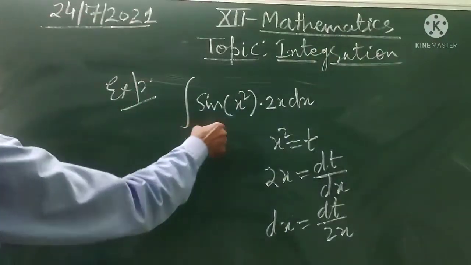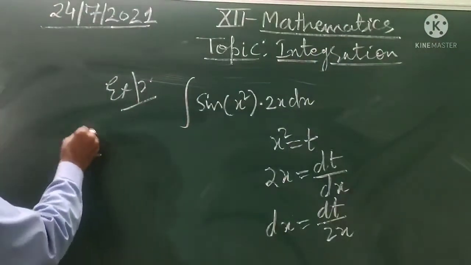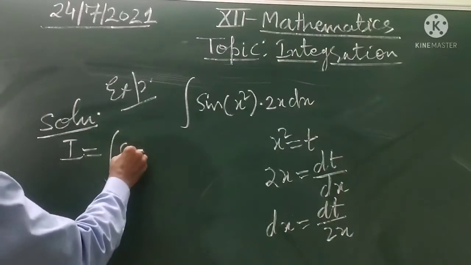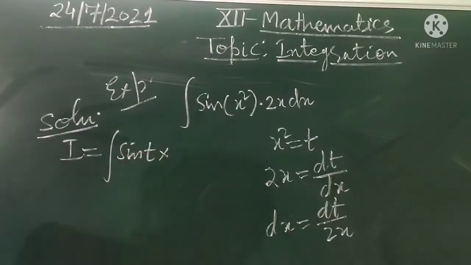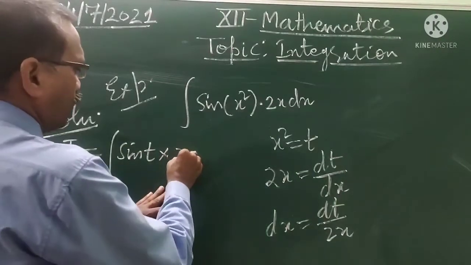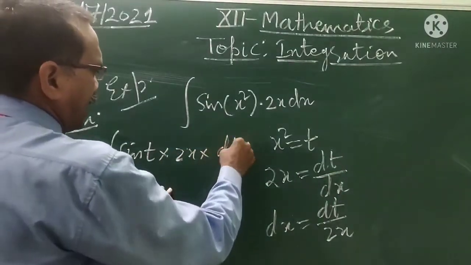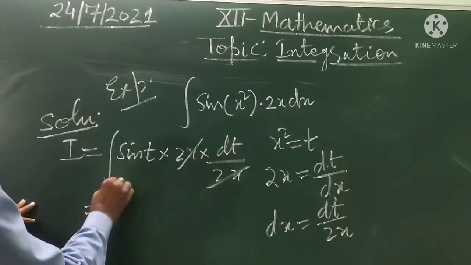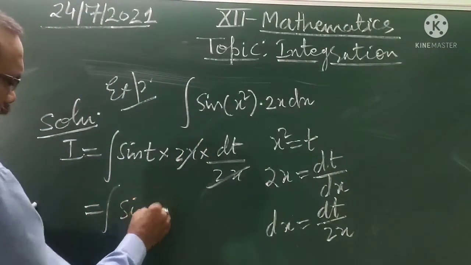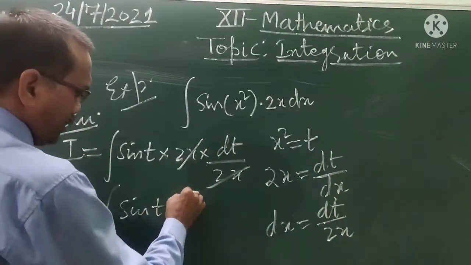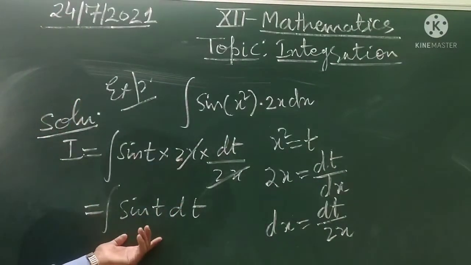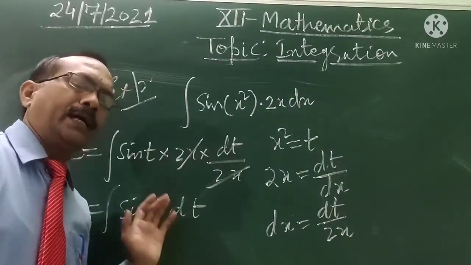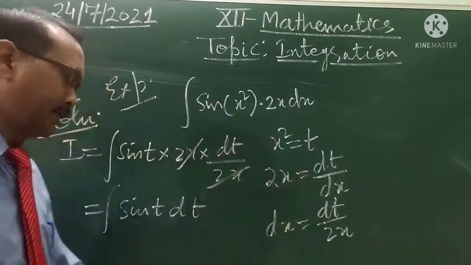Then this integration I equals sin t into 2x, and dt upon 2x is cancelled out. Now it is sin t dt. Dear student, you know the integration of sin t is minus cos t.